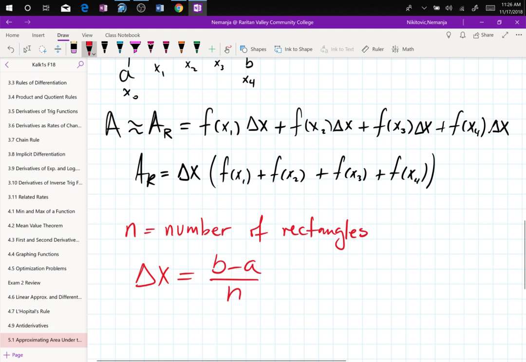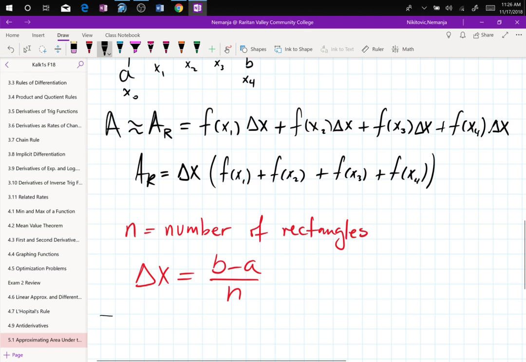And then n is, if it's not given to you, you decide. I want to do 10 calculations. Then n is 10. So you pick the number of rectangles because that immediately, right, works with the precision of the problem.